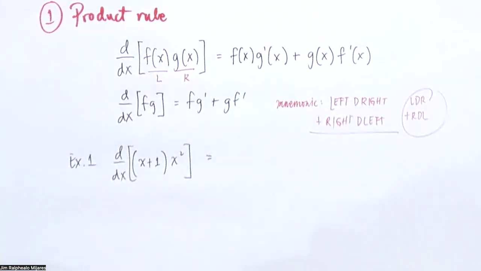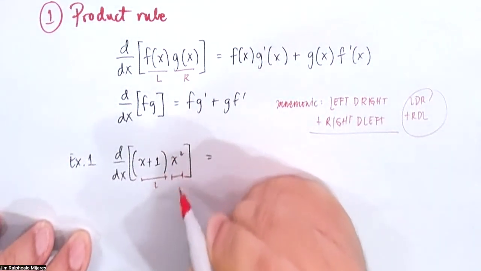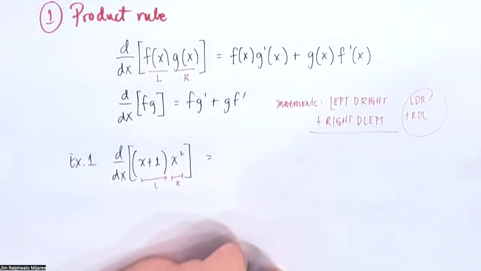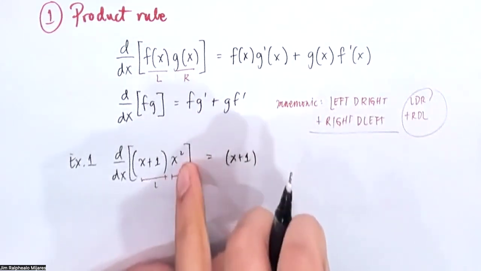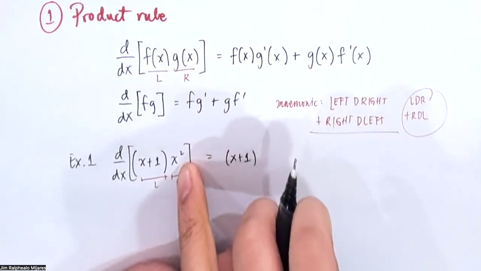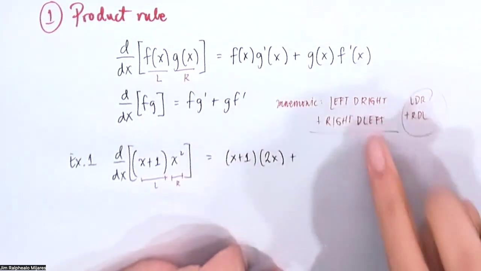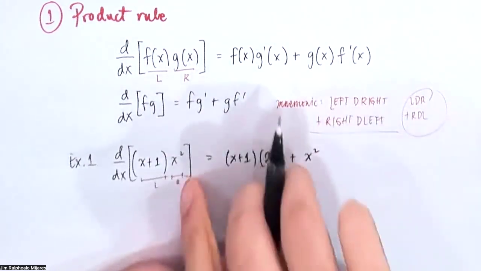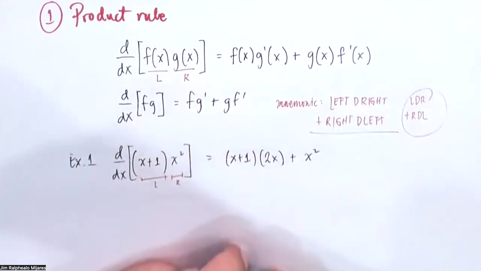This particular example, this is the left, and this is the right. So if we do left d right plus right d left, this is left times the derivative of right, which is x. What's the derivative of x squared? It's 2x, plus right, x squared, times the derivative of the left, which is the derivative of x plus 1, which is 1.